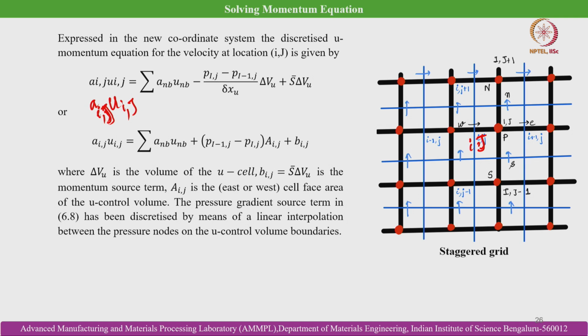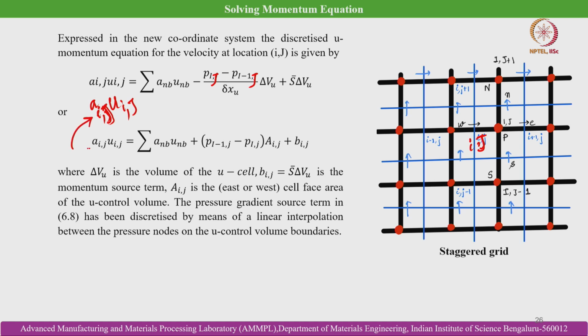Here it needs to be corrected: p_I capital J minus p_I-1 capital J, into delta V_u plus S bar delta V_u, which is a small i capital J u small i capital J. So again this has to be the same like this.